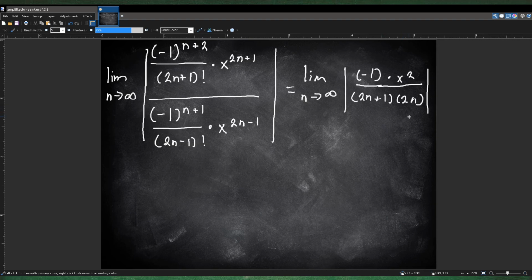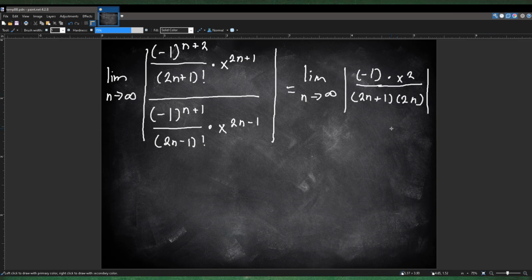We know that as n approaches infinity, since there is no term on top, and we have 2n plus 1 times 2n on the bottom, and n is the only variable, that means as this bottom part gets really, really big, nothing on the top will be big enough to counteract this. So generally, the limit as n approaches infinity is 0.